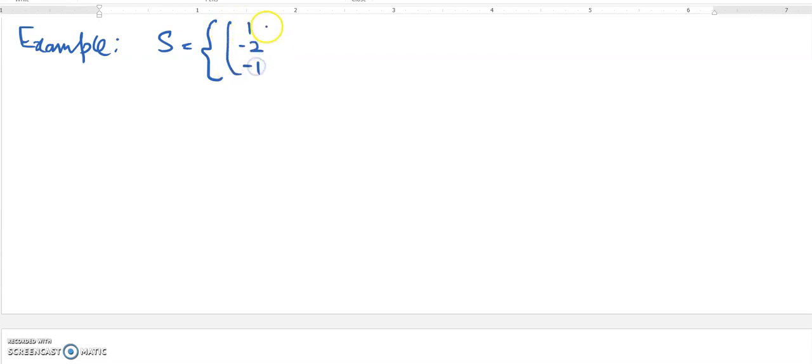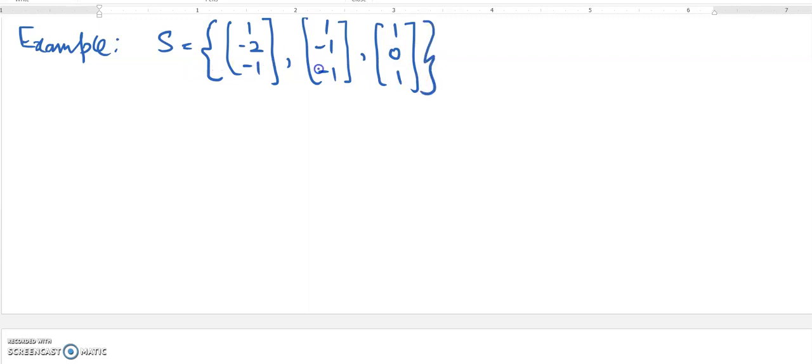Okay, the next example we take is to determine if the following set forms an orthogonal set. Suppose we have a set, a subspace, of these vectors: 1, minus 2, minus 1, and 1, minus 1, minus 1, and 1, 0, 1.